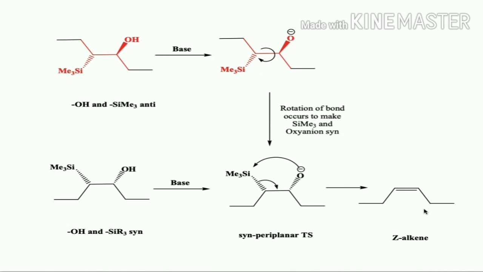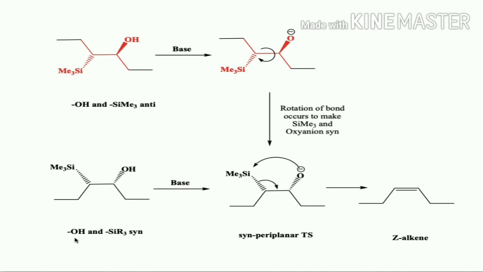The same diastereomers upon treatment with base. If I treat the diastereomer where OH and silyl group are anti to each other, then an oxyanion will form. That oxyanion will undergo rotation, because silicon has affinity for oxygen, so it is going to form the syn periplanar transition state, and upon stereospecific syn elimination, it is going to form Z-alkene.